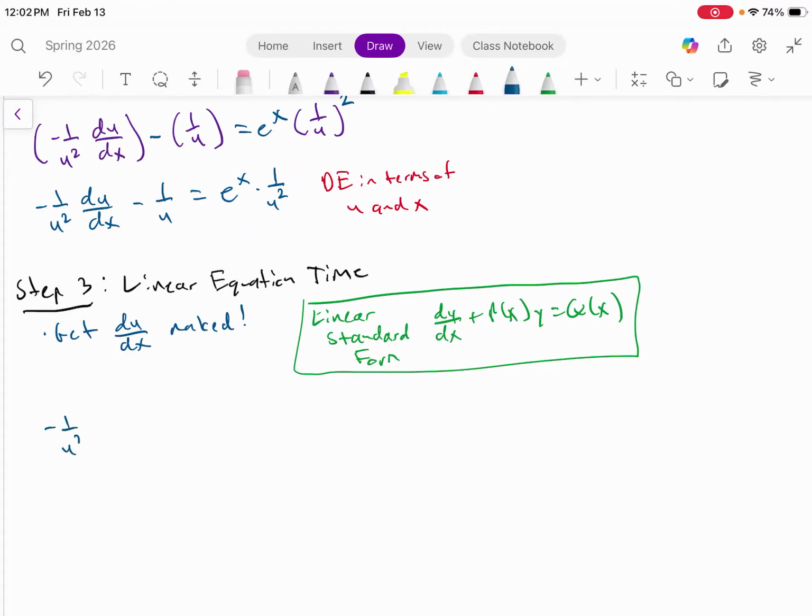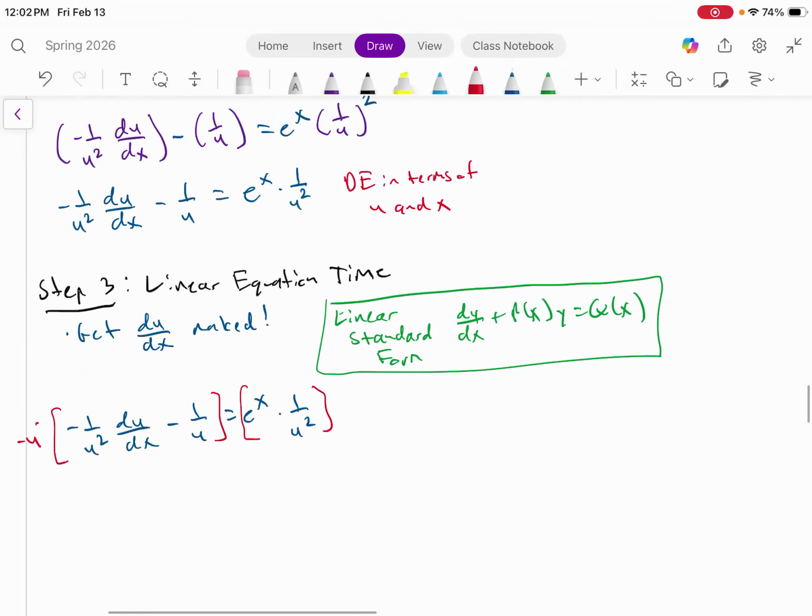So what do we have to work with? Negative 1 over u squared du over dx minus 1 over u equals e to the x times 1 over u squared. I want to get du over dx naked, so what I want to do is multiply both sides by negative u squared. And so that'll cancel out the negative u squared attached to my derivative.